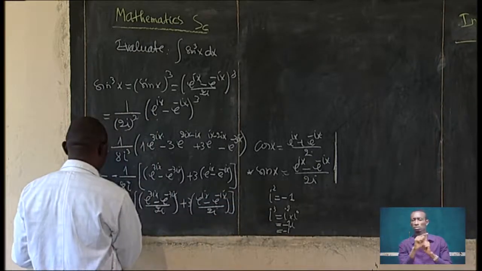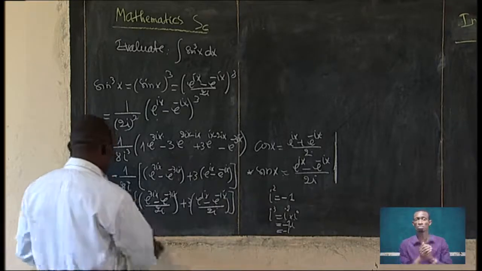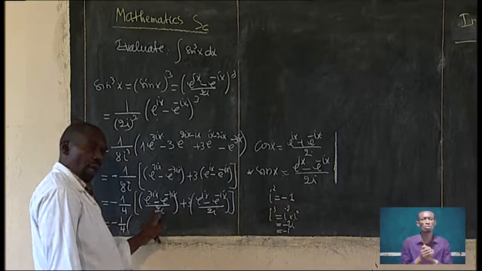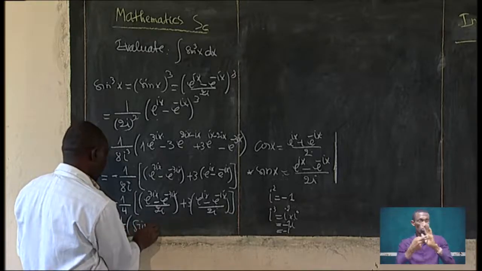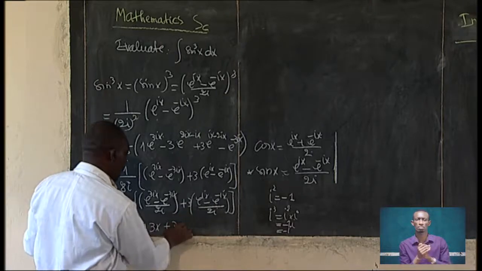And this is negative a quarter. You see this form, minus and 2i, and the n is 3, that is sine 3x plus 3 sine x.